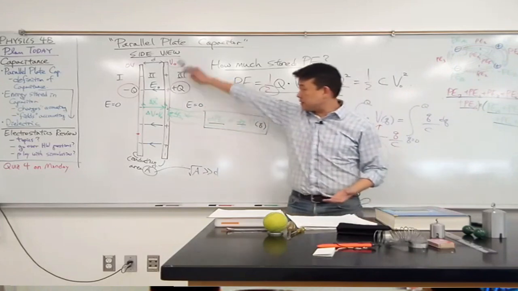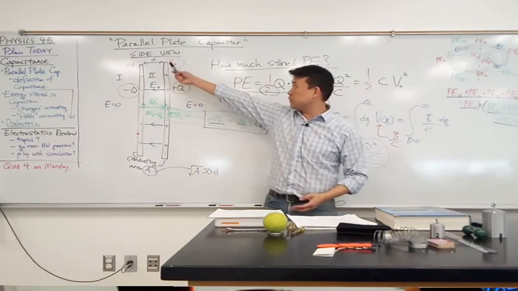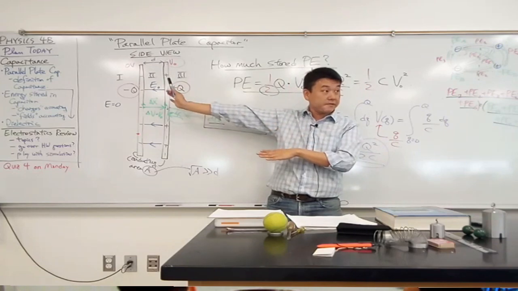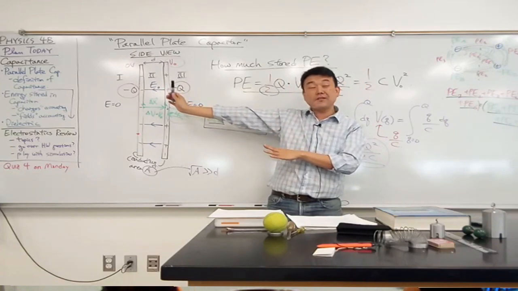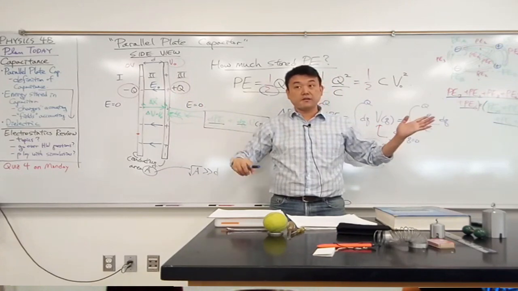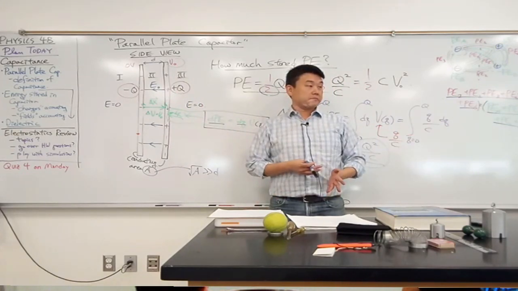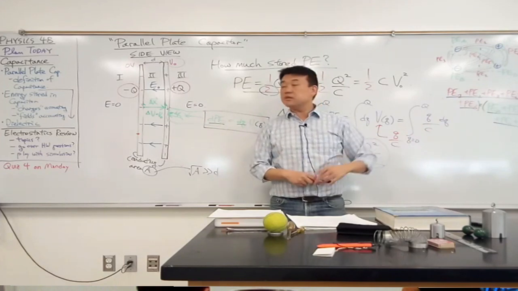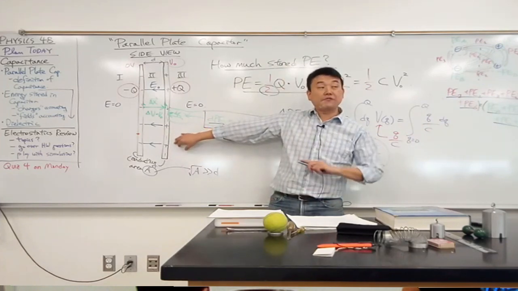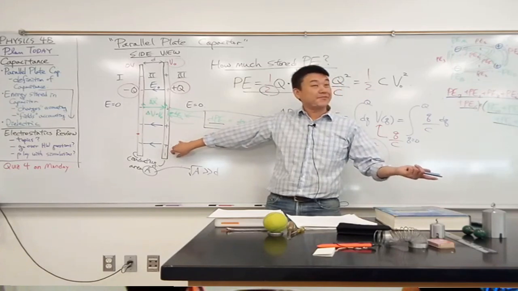And what we said here is that we have some amount of charge at some voltage, and that's why there's energy. What I want to mention to you is that there's actually a totally different way of counting up energy in an electromagnetic situation. And I want to introduce this to you in the context of the capacitor, so that I can recall back to this when we do magnetism after your exam too.